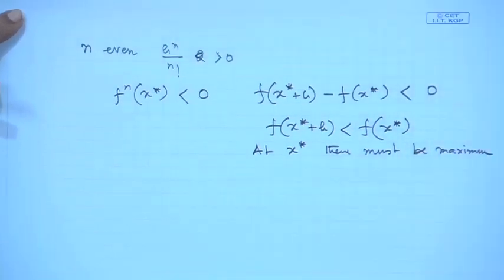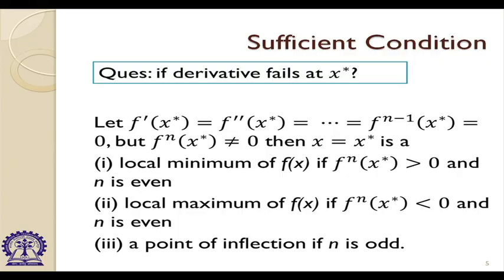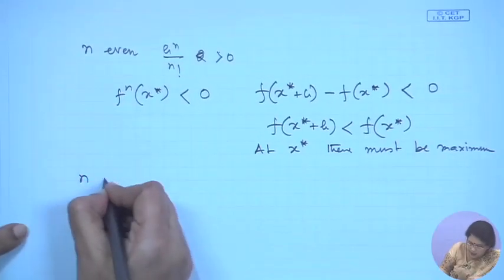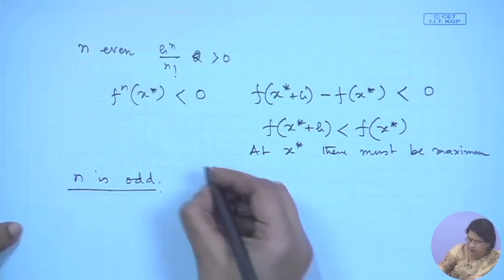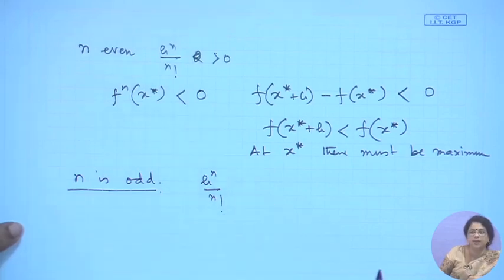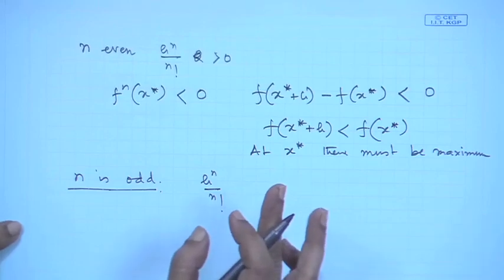All right. This way we can say, that is why we are reaching the second condition of the sufficient condition. We are having the local maximum of f x if f n x star is less than 0 and n is even. Now, what will happen if n is odd? If n is odd, you see we are having h to the power n by n factorial.